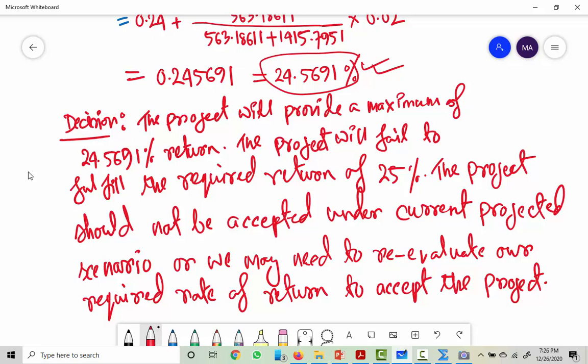So the project should not be accepted under the current projected scenario, or we may need to re-evaluate our required rate of return, or we may try to reduce our projected cash outflows and improve our projected cash inflows so that the net inflow is higher. That will give a higher rate of return to accept the project, right? So in the exam you need to write the decision nicely in that way.